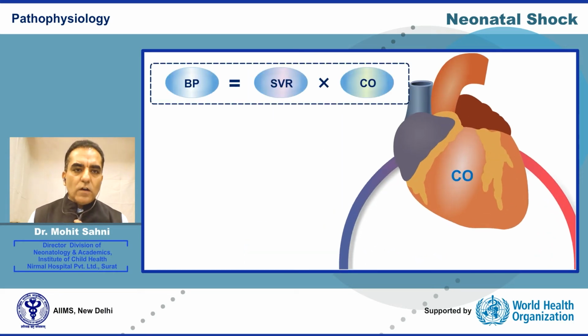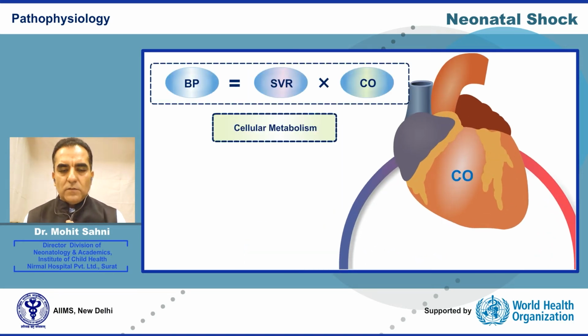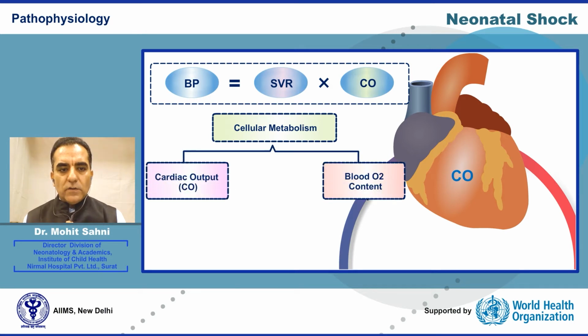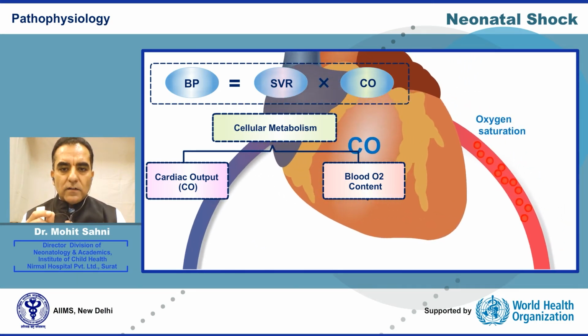Cellular metabolism is maintained by two components: cardiac output, which we will talk about in the next slide, and the oxygen content of the blood that the cells receive through the proper pumping of the heart. The oxygen component of the blood is determined by two things.